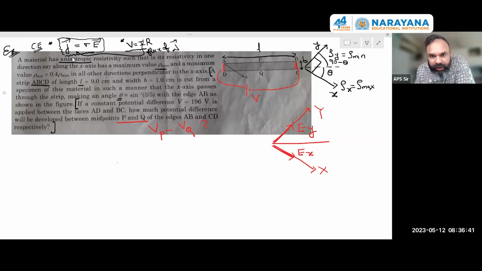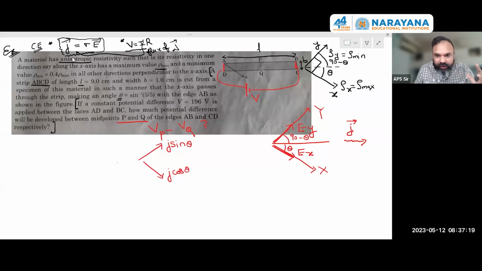Now, because you have applied an external potential difference between these two points, I will say that there is some current density J vector present in the problem. There is a flux, and that flux is because of this battery which you have applied. If I perceive that flux as a contribution of current density, I can observe that my J has those components, J cos and a corresponding component J sin.